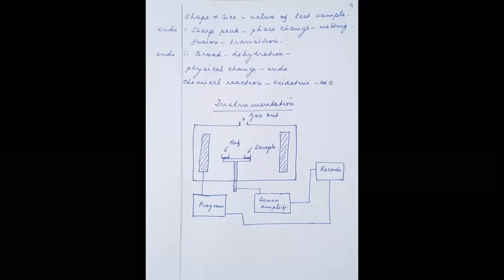So this is the block diagram of instrumentation of differential thermal analysis. Look here, there are two pans.